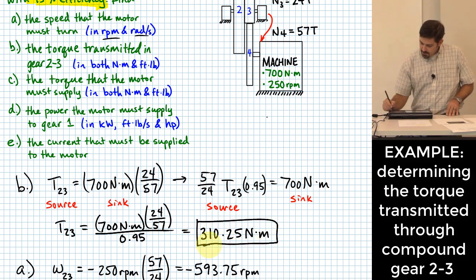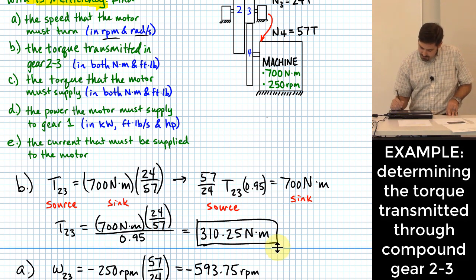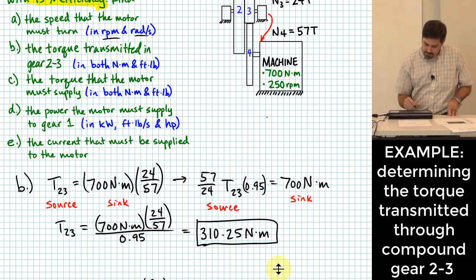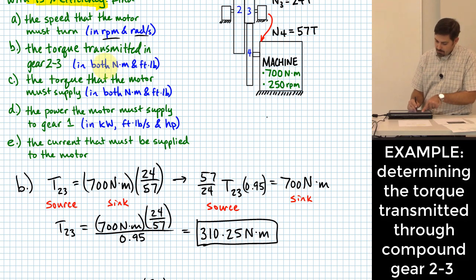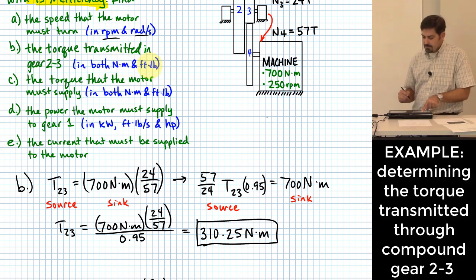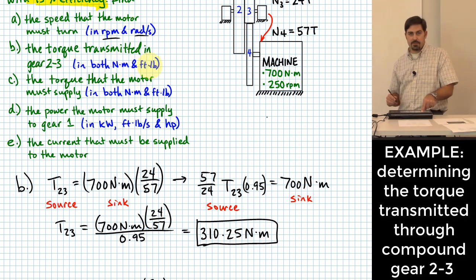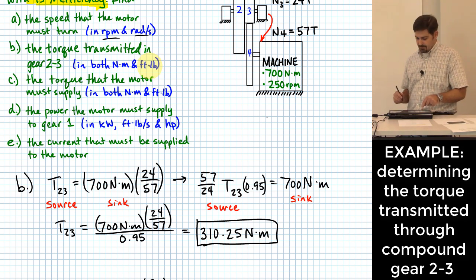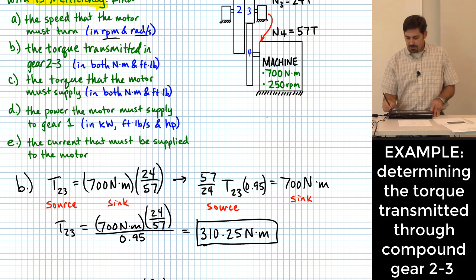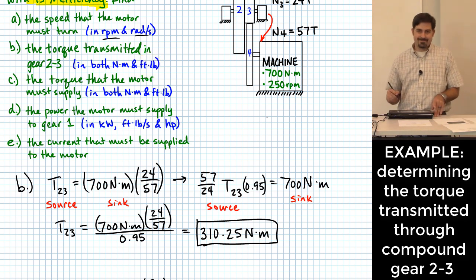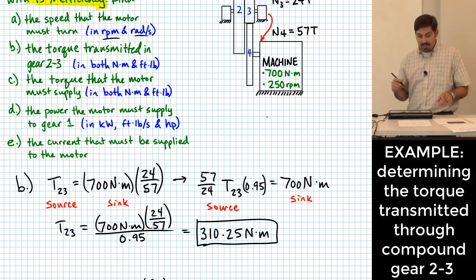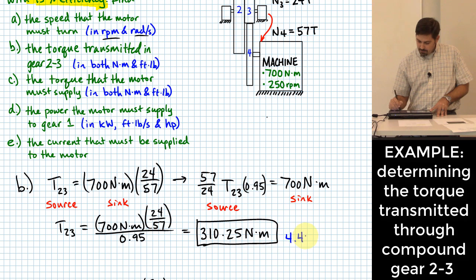Okay. How do I change that? Because one of the other things we're supposed to find here is both in Newton meters and in foot pounds. So how do I change this to foot pounds if that's what I'm interested in doing? Anyone know those conversions off the top of their heads? Okay, yeah, good. 4.448, right?